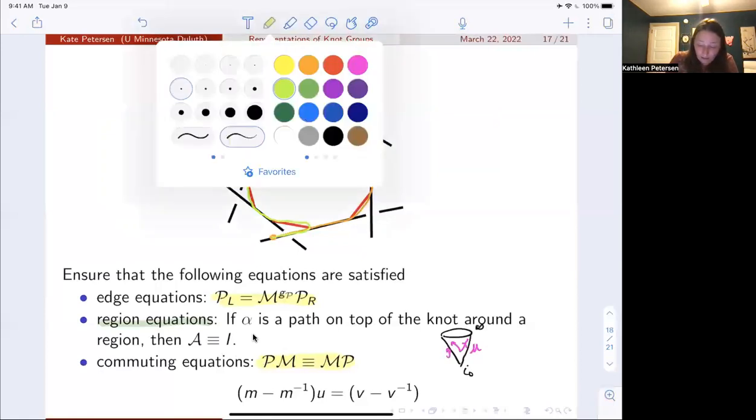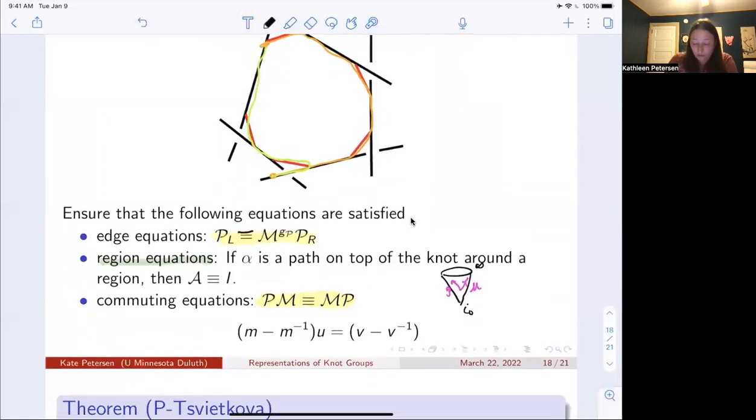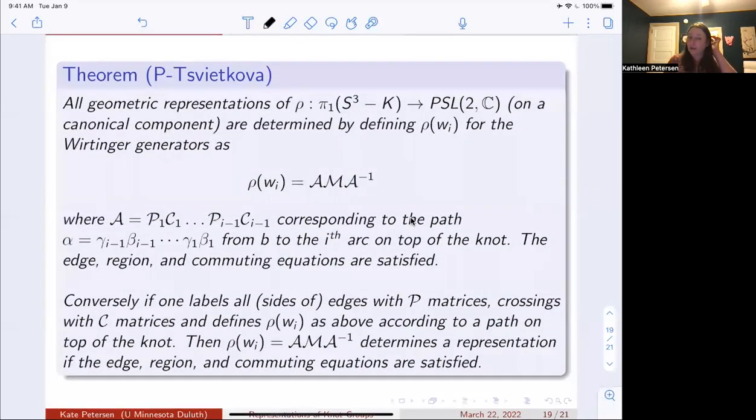And here, I don't think I was consistent enough. I tried to use three equal signs because there's the plus or minus. We're talking about PSL2C. So I'm going to call a region equation any sequence of peripheral crossings around one of these regions of the diagram. And they always need to give you the identity. One thing that I haven't brought up is that we are going to have to pay attention to the direction of the knot, but I'll be more precise about that when I give you an example.